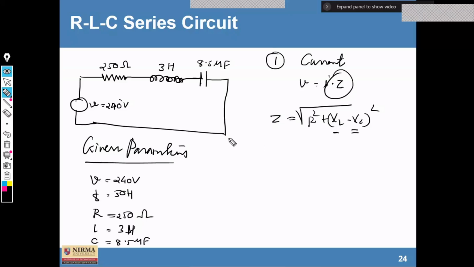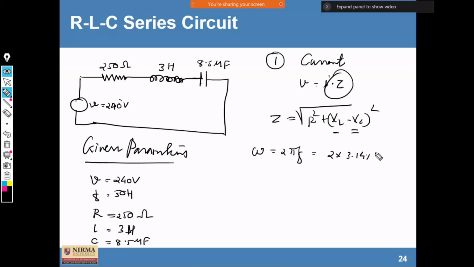After writing all these given parameters, omega is 2 pi f, and 2 into 3.14 into 50 is 314 radian per second, because it is omega.